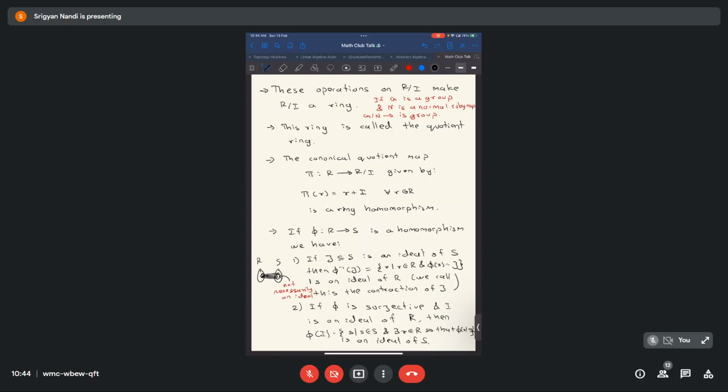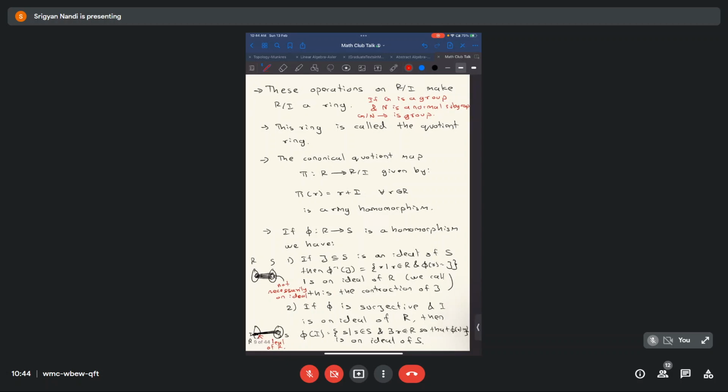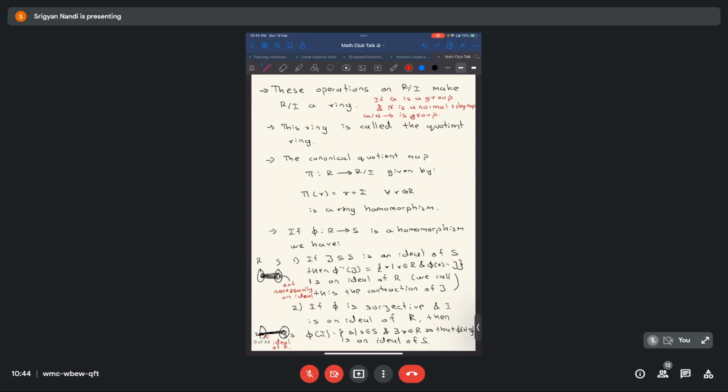However, on the contrary, if we had an ideal J, with this being S and this being R, then the contraction of J to the subset I would make I an ideal of R, and that is necessarily an ideal of R. Now that we have these two things, we will take a quick recap of the two isomorphism theorems that we came across yesterday, and I will not prove these.